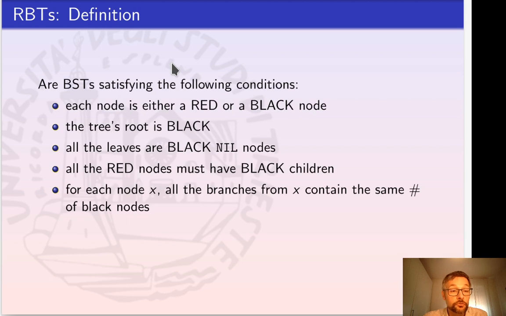Another important condition, which is a condition on the tree that can be easily maintained, is that for each node in the red-black tree, all the branches moving from that node will contain exactly the same number of black nodes. And this is a way to say that all the subtrees of the red-black tree should be balanced, not with respect to all the nodes, but with respect to the black nodes.